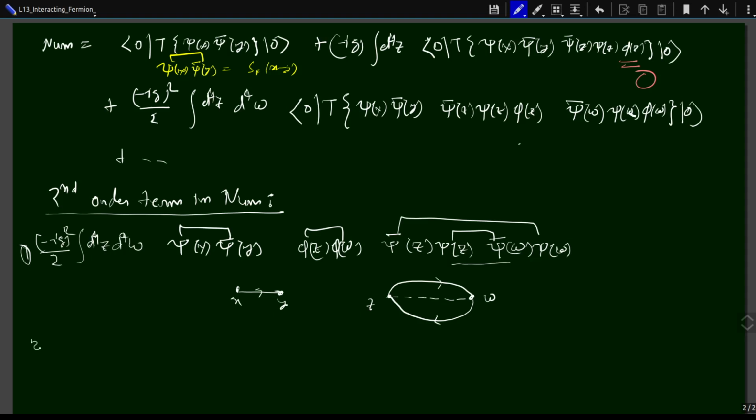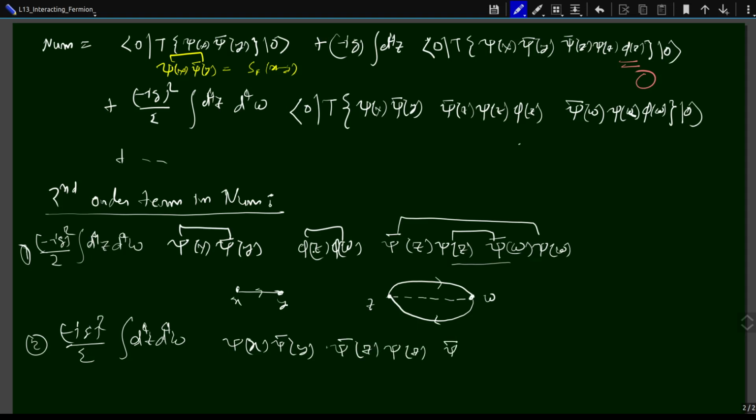So again the possibility over there would be minus ig whole squared by 2, d⁴z d⁴w, and here is my ψ(x), ψ̄(y), and let me write the scalar later, and ψ̄(z), ψ(z), ψ̄(w), and ψ(w). Okay, there is a φ(z) and φ(w) which are contracted with each other.